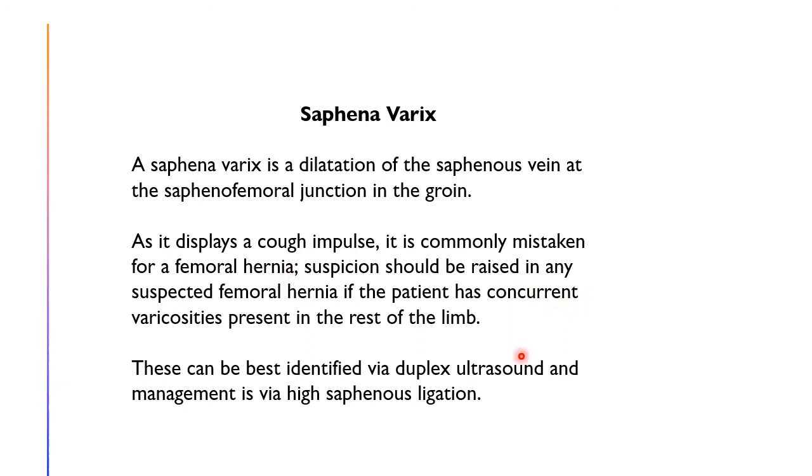Suspicion should be raised in any suspected femoral hernia if the patient has concurrent varicose veins in the rest of the limb. These can best be identified using duplex ultrasound and management via high saphenous ligation.